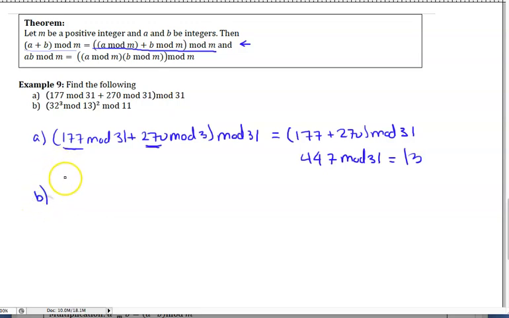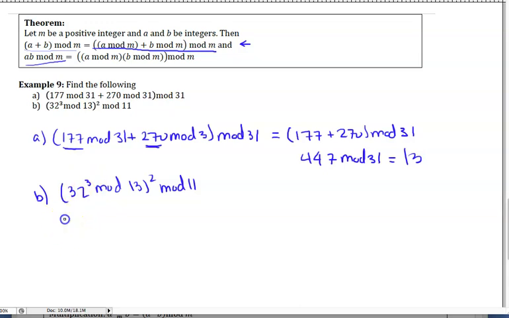All right, so let's look at this one. B says we have (32 cubed mod 13) squared mod 11. This is going to use the multiplication property. We're given the form on the left hand side, and we need to use the right hand side to transform it.